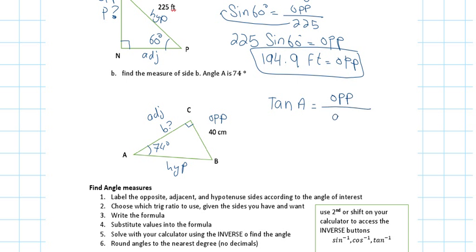What do I plug in? Instead of A, I'm going to put tan 74 equals 40 over the adjacent. So I'm looking for the adjacent. How do I isolate for it?